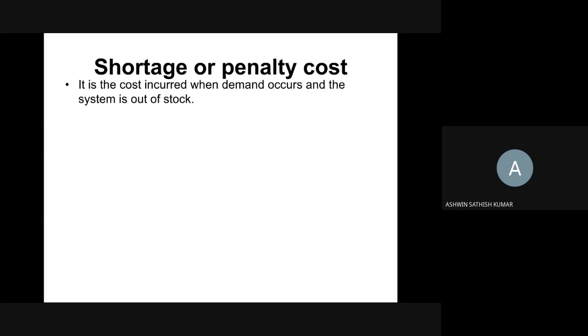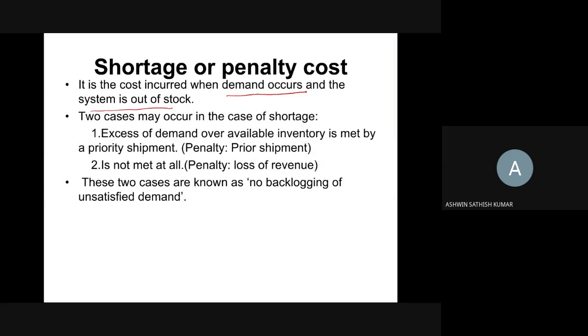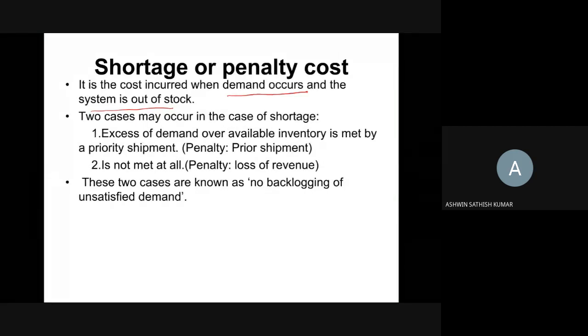It includes the cost of goodwill, loss of sale, and all this type of cost.